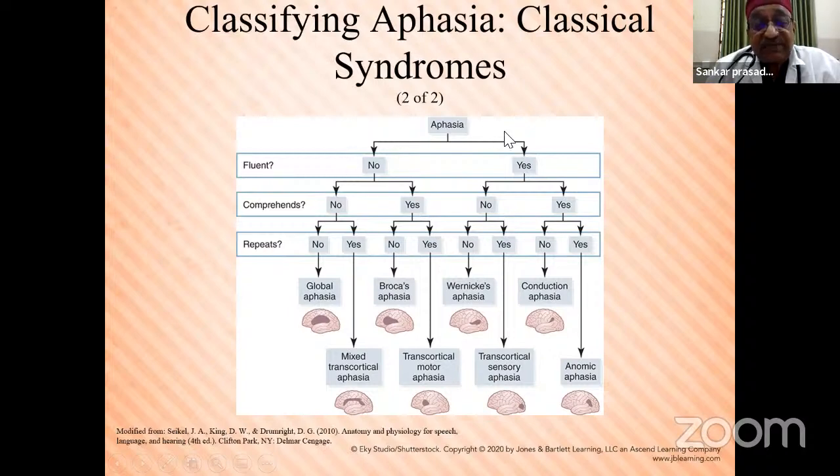Comprehension is... fluency is fluent, comprehension is not there.